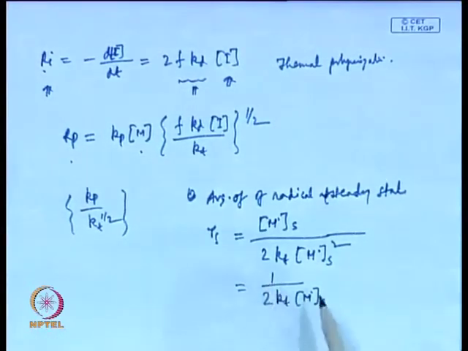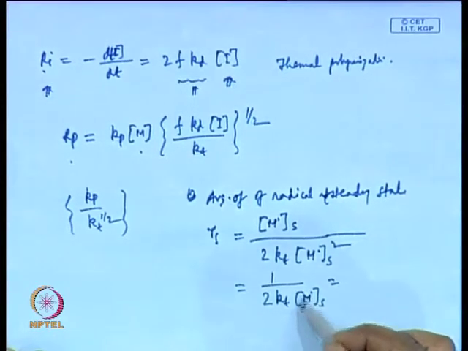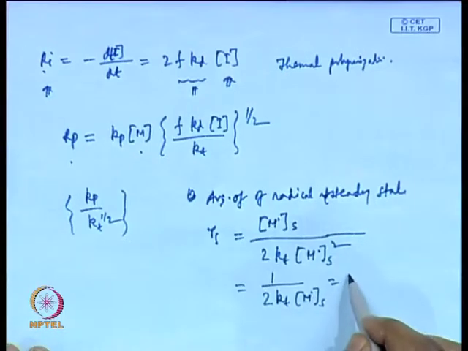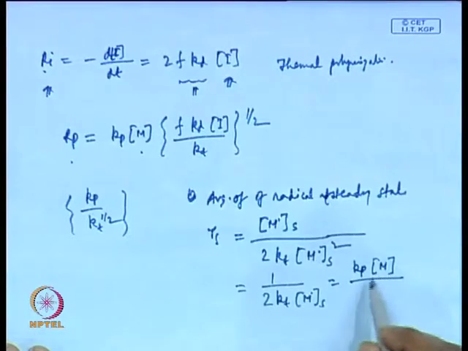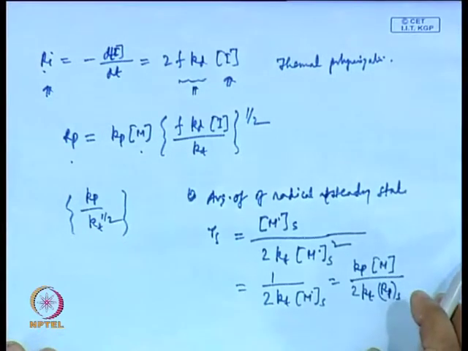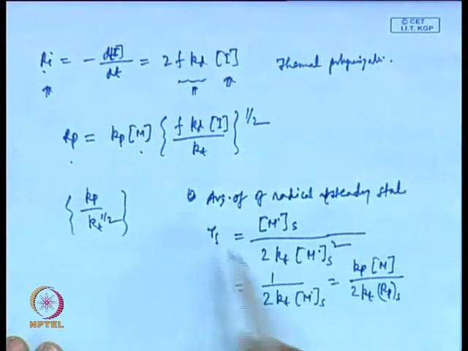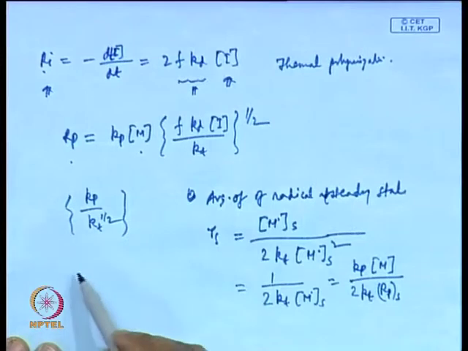So, now we can put this value of Rp here. So, we can get Kp M by twice Kt Rp at steady state. So, if you know tau s, we know Kp by Rp.